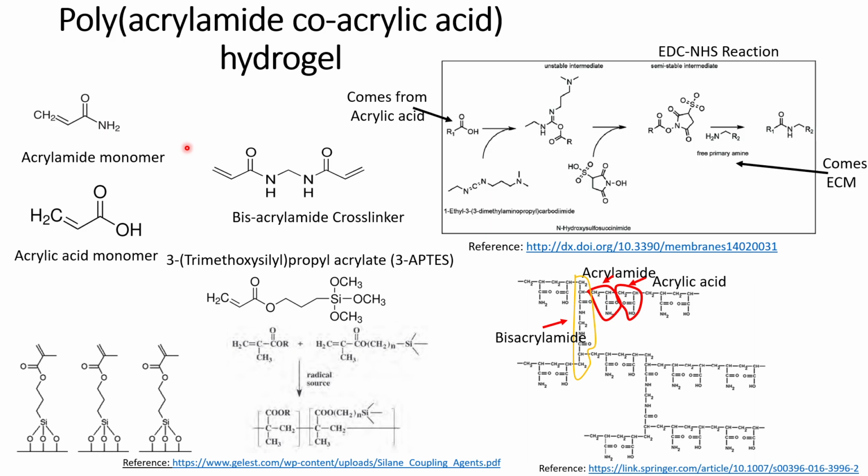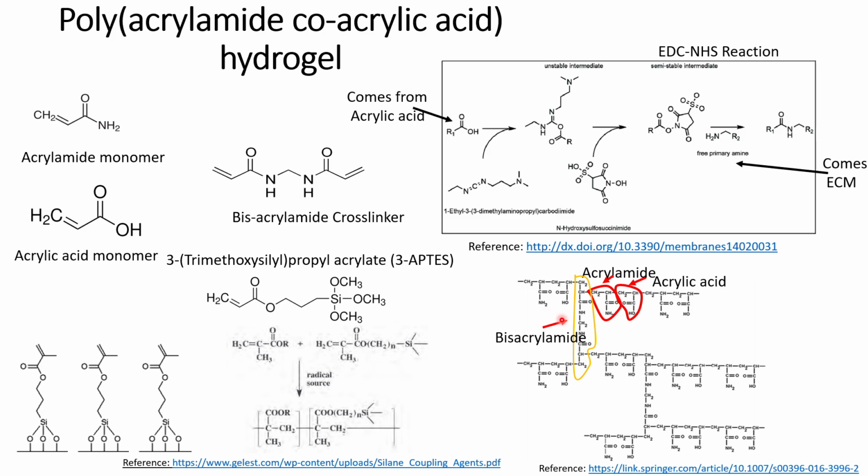hydrogels. Along with that, polymerization of the acrylamide and acrylic acid occurs, and the polymers formed are composed of both acrylamide and acrylic acid. These polymers are cross-linked to each other with the help of bisacrylamide, similar to what we discussed in the previous video.